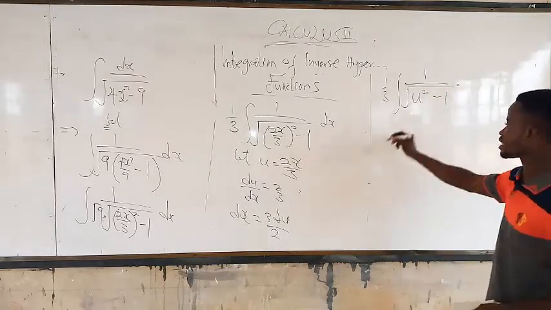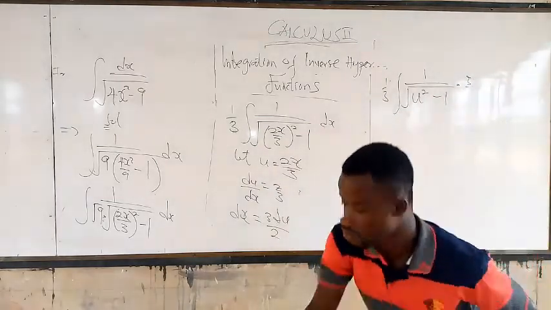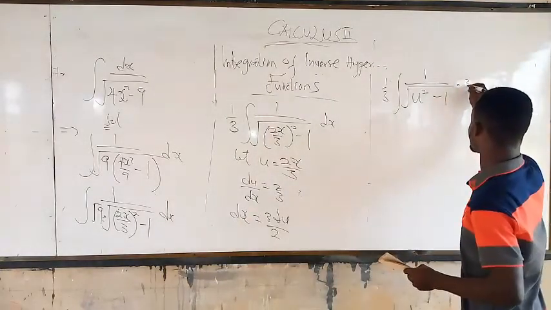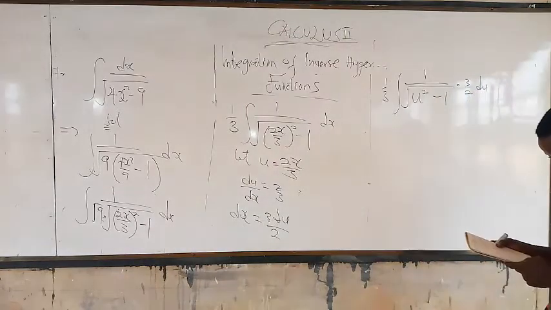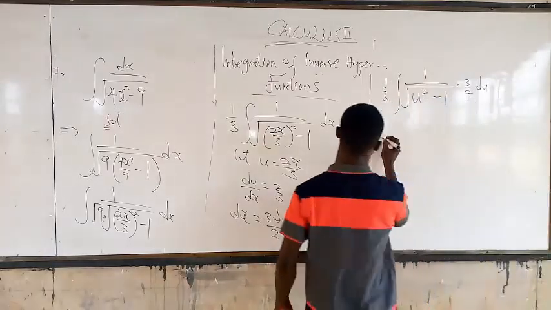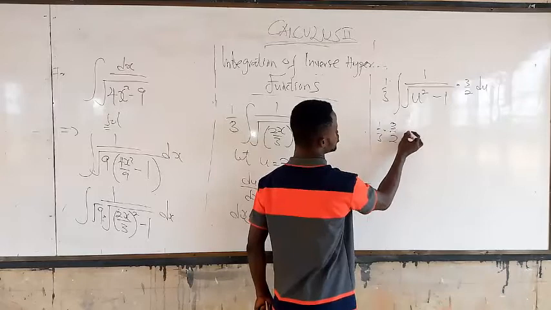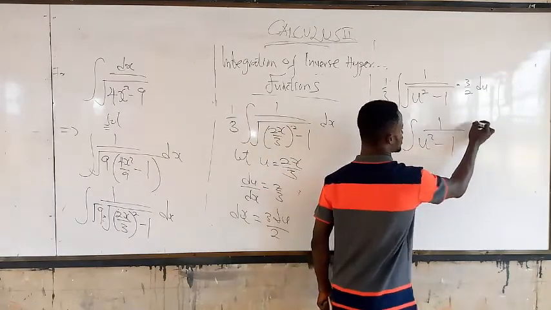And dx is 3 over 2 du. Alright, so now you can see 1 over 3 will multiply 3 over 2, and the integral of 1 over u squared minus 1 du.